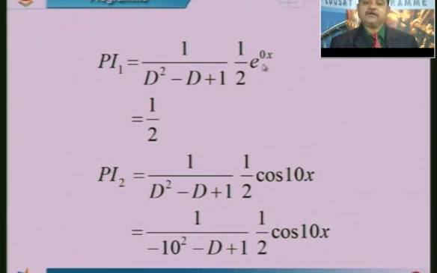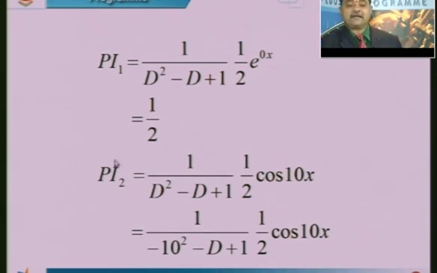So, 1 by 2 into 1. I am making the particular integral type 1. Then I should replace D by a, the a value is 0, so D squared will become 0, D will become 0, only 1 is left out. So 1 by 1 into 1 by 2, it will become 1 by 2.